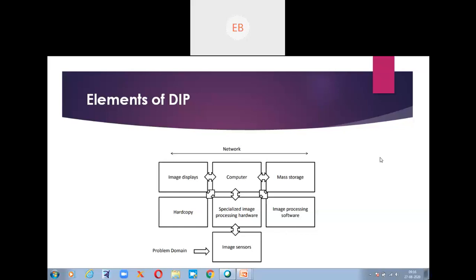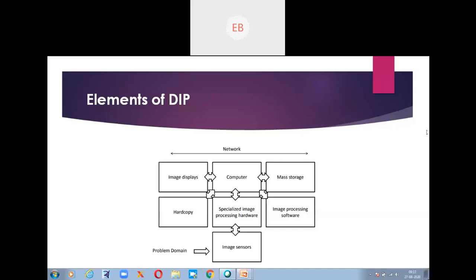So what are the two basic elements which are required to acquire digital images? Remember, one is a sensor, one is a digitizer. Do you remember these two terms? Then what does the sensor do? The sensor is some form of physical device that is sensitive to some energy radiated by the object which we wish to image or use as an image.